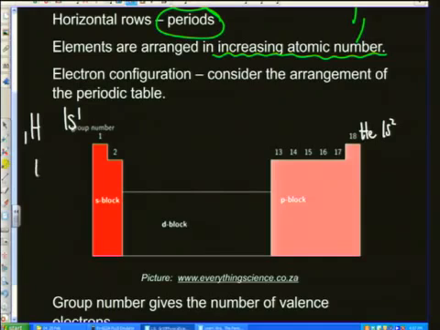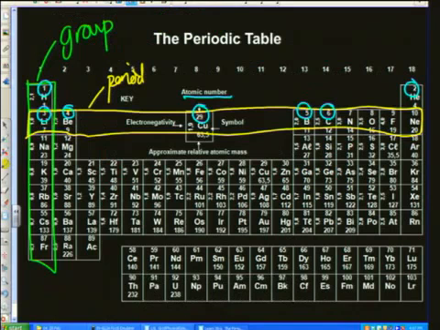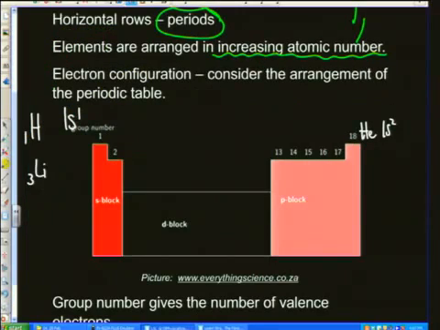Then let's jump across to lithium. Lithium has 3 protons, check it with me. Lithium, 3 protons, so therefore it's going to have 3 electrons. So 1s2, because we'd filled up 2, now we've got to go 2s1. And do you notice a bit of a trend that I've got going here?